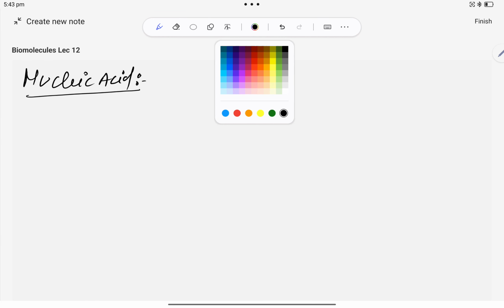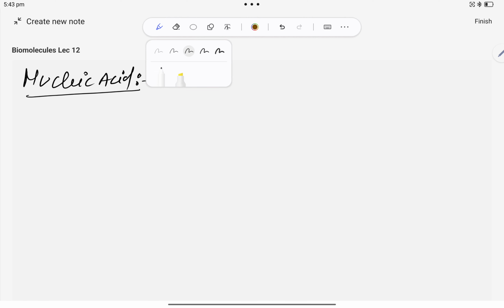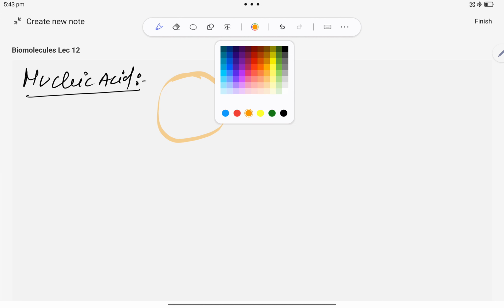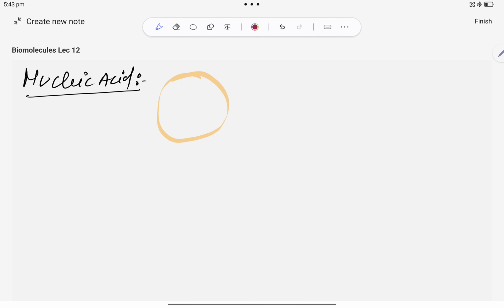Actually, again, I'm not very good in drawing, but I'm trying. Here we are having a cell.